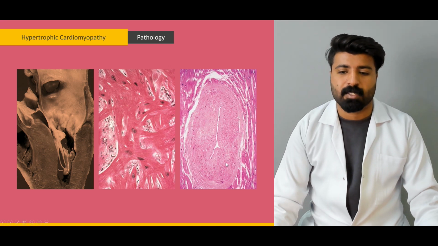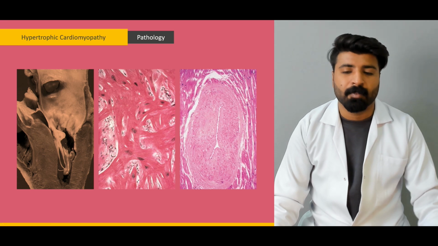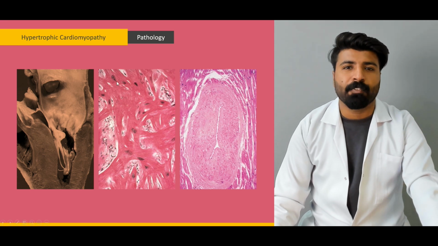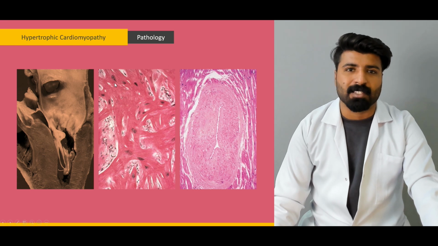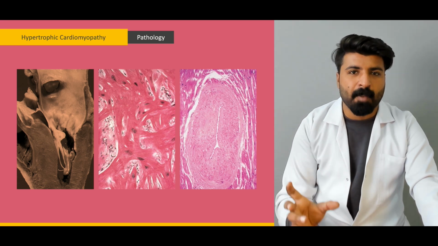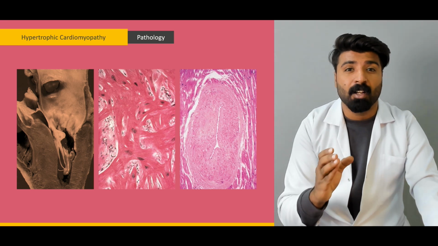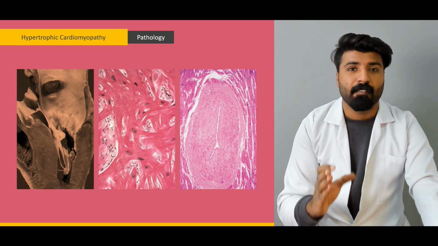Now what's this? This is actually a diagram of your coronary vessels. In hypertrophic cardiomyopathy, it can also include your coronary vessels. When your coronary vessels are affected, vasospasm can happen, or something like that, and the blood supply of the heart will be compromised.